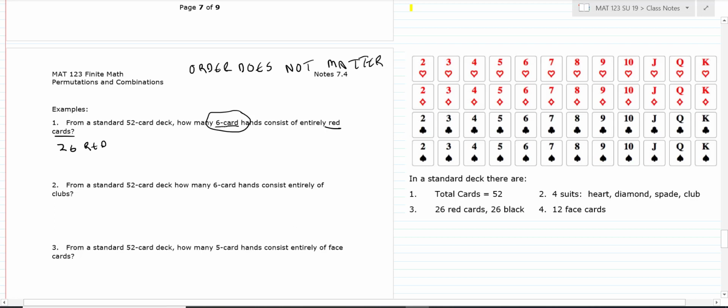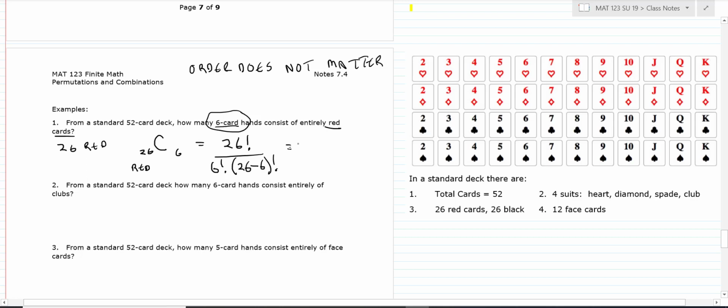So you're choosing the 6 from the 26. You're not choosing 6 from 52, because we're not considering these black cards. So this would be a combination chosen from the 26 red cards, 6 at a time. Let's put this in the formula. Now we're going to use our calculator. So we have 26 factorial over 6 factorial times (26 minus 6) factorial.